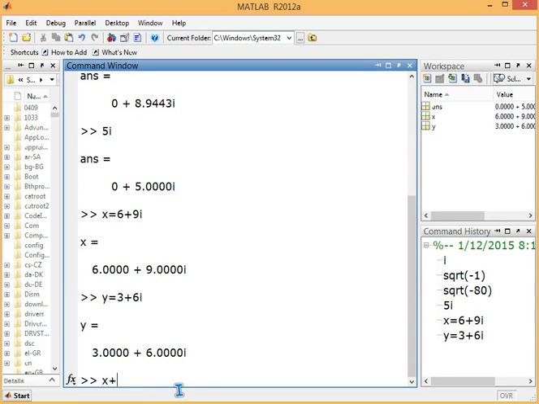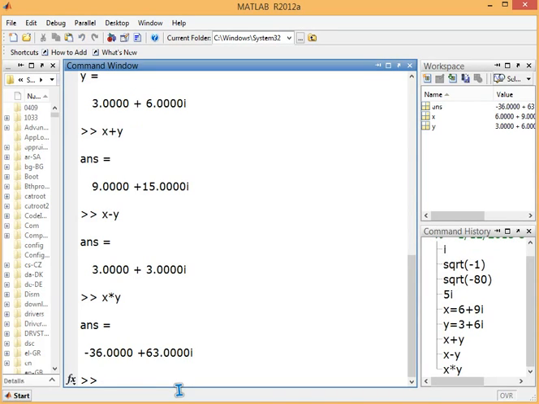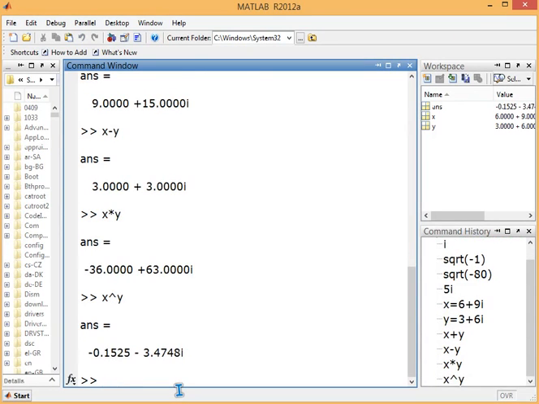Now x plus y, real plus real, imaginary plus imaginary. This is the answer. x minus y, real minus real, and imaginary minus imaginary. And x into y, this is also there. Then x raised to the power y, this is also possible. And x raised to the power 2 or any other number, this is also possible.